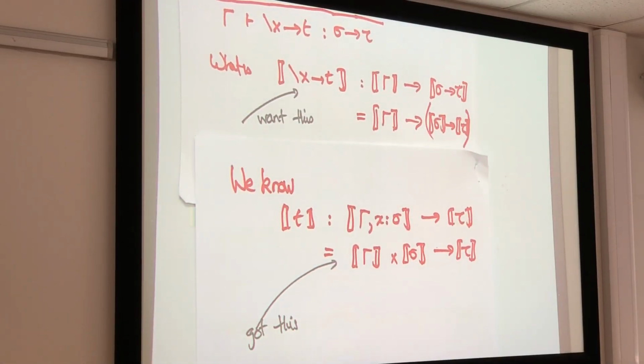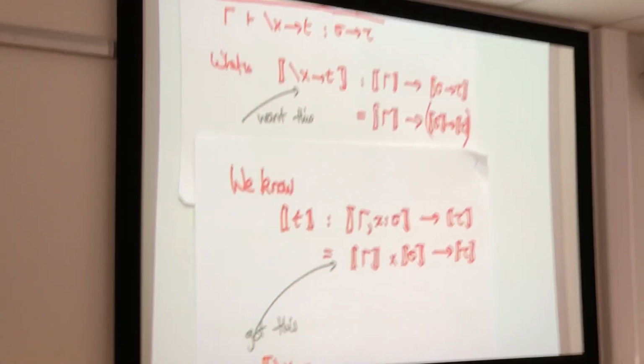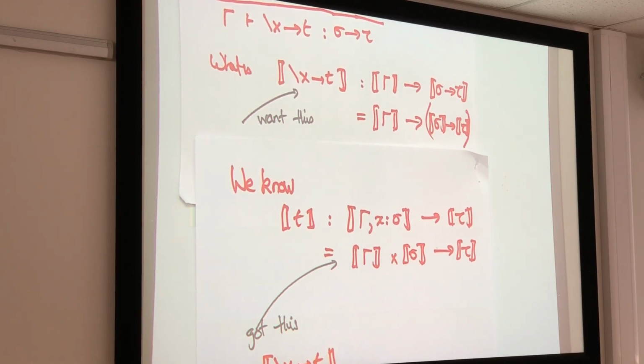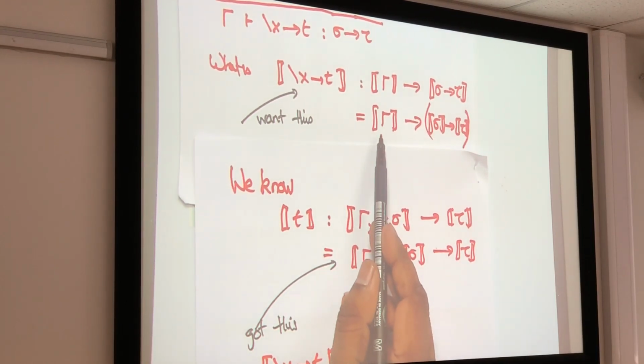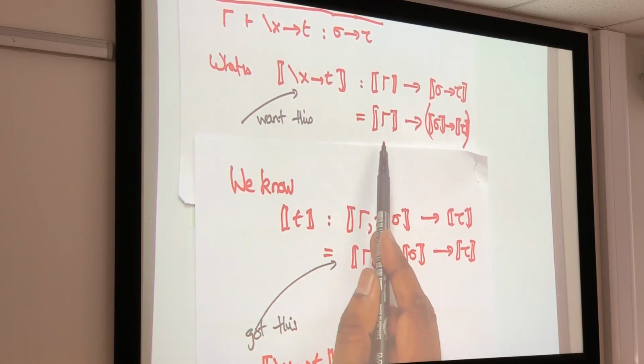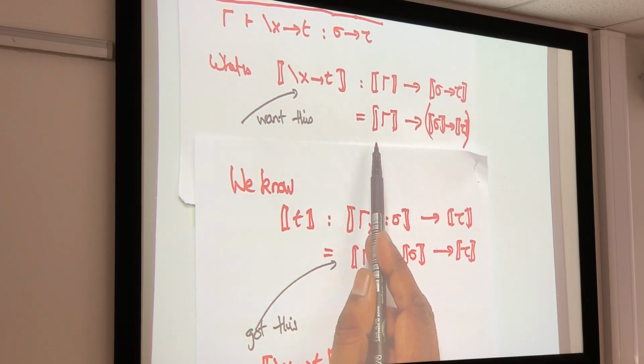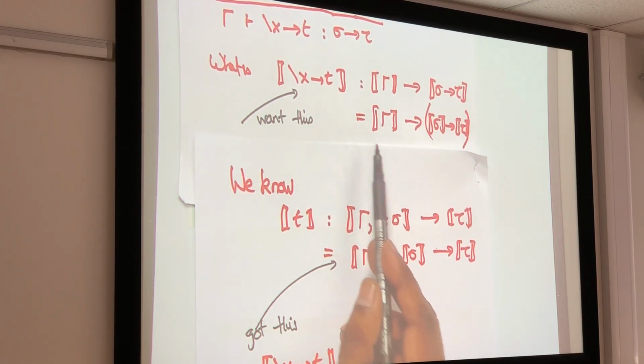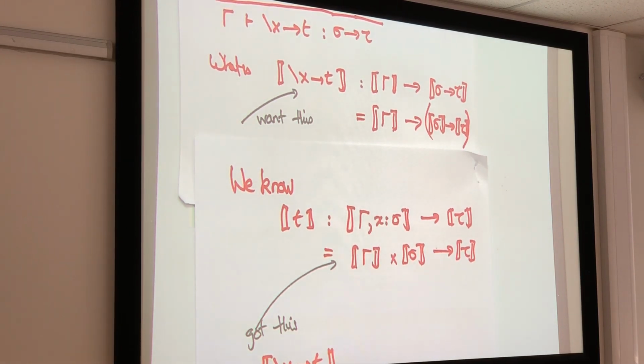So what is it? Well, it must take something in this set as input. So let's call it gamma. Old-fashioned, I would call it lowercase gamma, but okay.